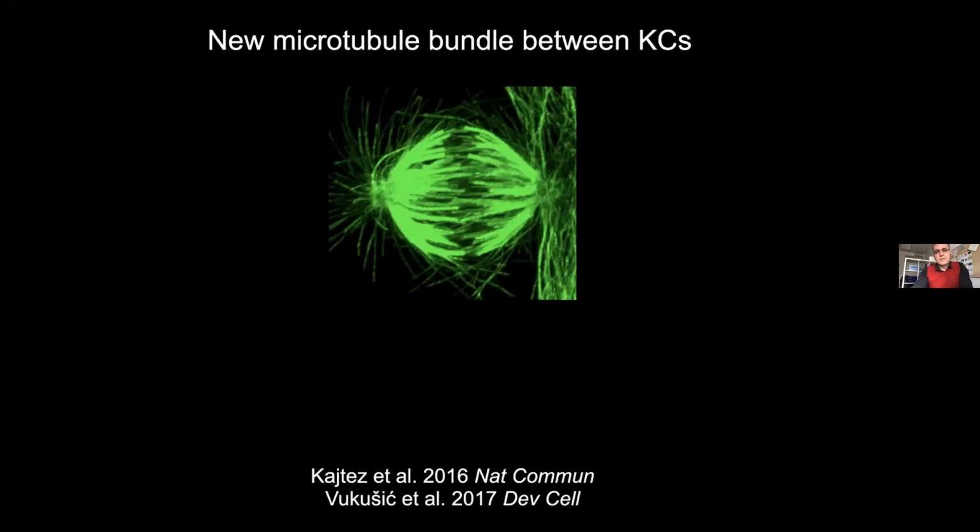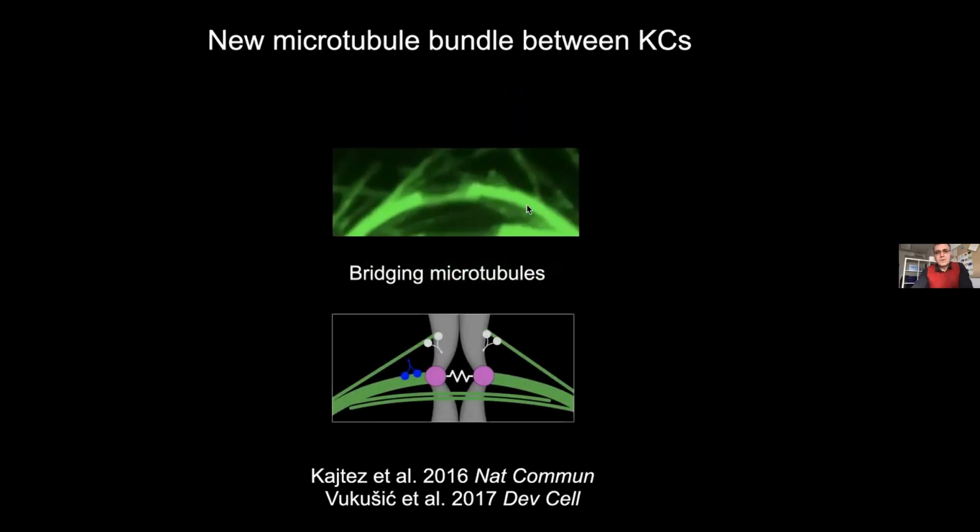However, this picture, as Eva already mentioned, is not complete. So if we check what we do have here, we have two kinetochore microtubules bound to kinetochores. It's not visible here, but I think it's quite clear where the kinetochores are.